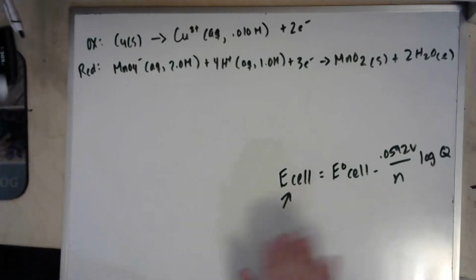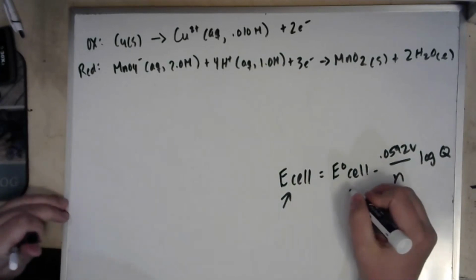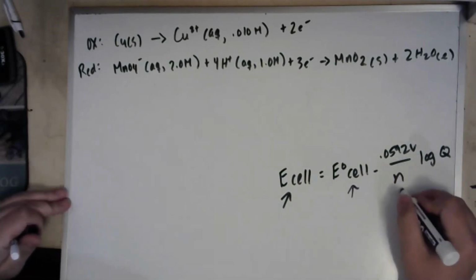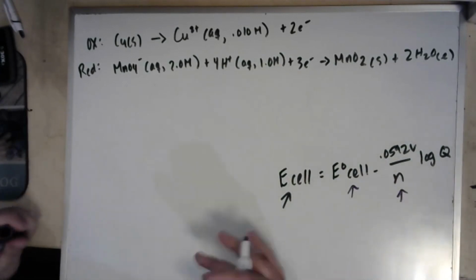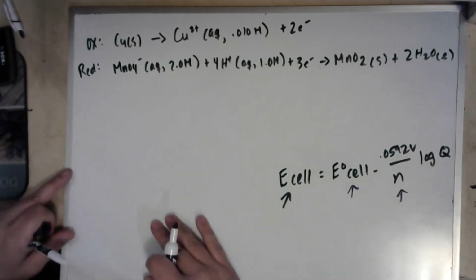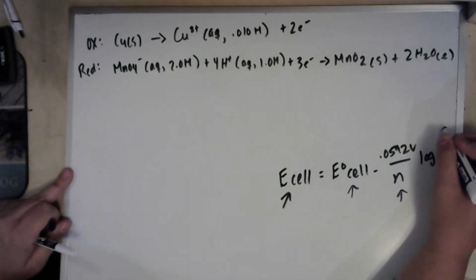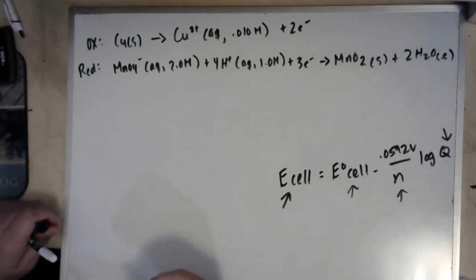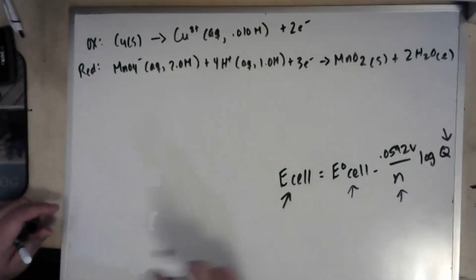We need to be able to calculate the E cell value and the N value, which is fine because we've been doing that for the last few problems and it's going to be the same process. We also need to calculate Q before we can solve this equation, okay?